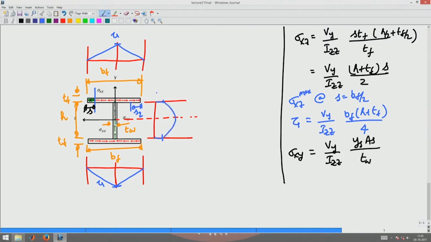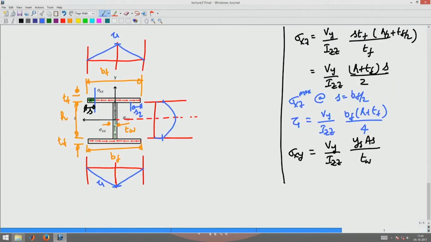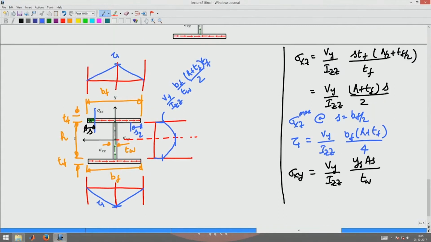This will be nothing but, as we saw here, Vy by Izz into Tf Bf by Tw into H plus Tf by 2, which is Vy by Izz into Bf by Tw into H plus Tf by 2 into Tf.